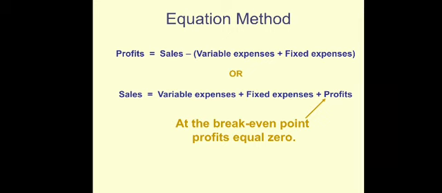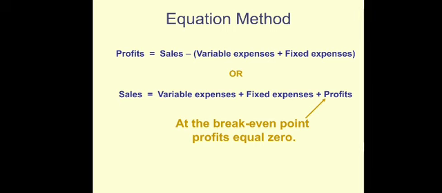Always remember, the break-even point is a point where total revenue equal to total cost. So you focus on the second equation in this slide. Total revenue equal to total cost means the sales or total revenue equal to the total variable cost plus total fixed cost. That is the break-even point. So at that point, the profit is 0.